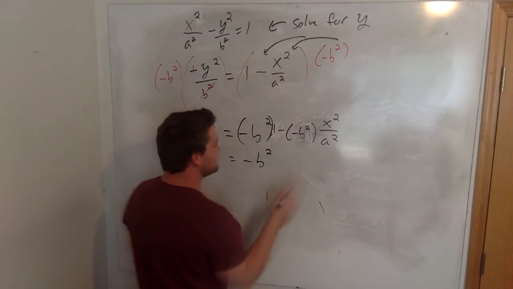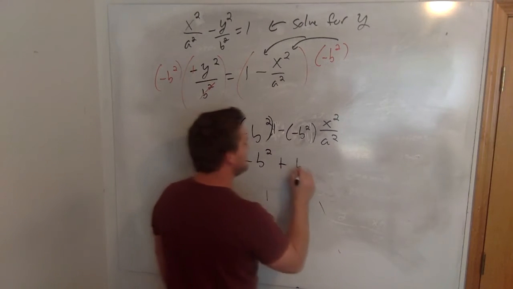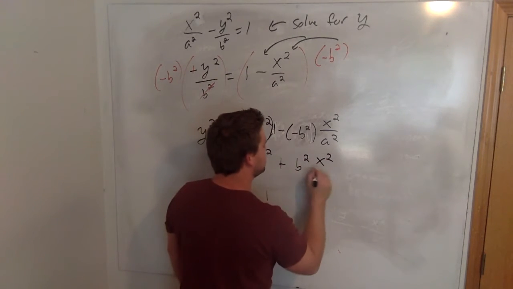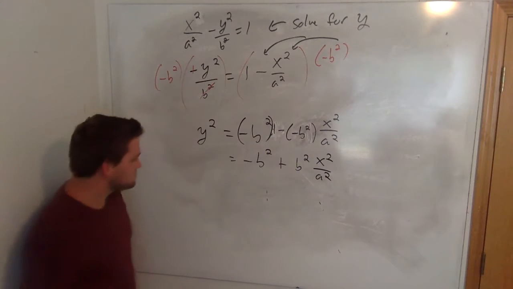A minus and a minus make a positive, so we'll get positive b squared x squared over a squared.